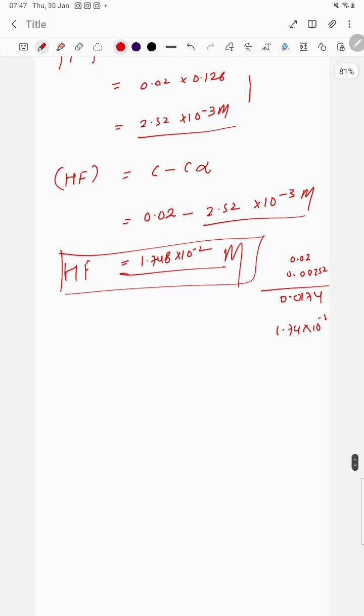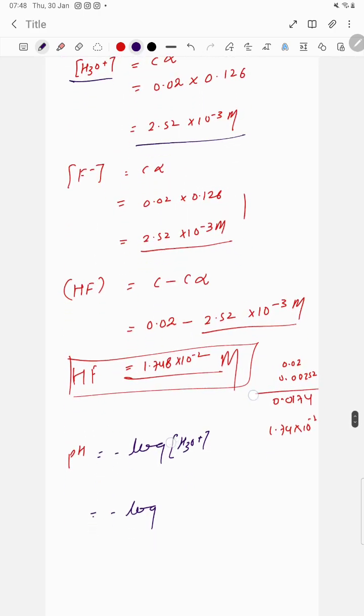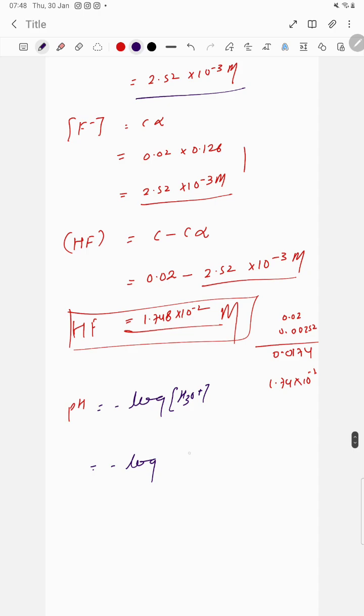Now we need the pH. Lastly, they are asking the pH, dear student. How to calculate pH? Minus log H3O plus, right? So minus log H3O plus, where H3O plus is 2.52 into 10 power minus 3 molar.